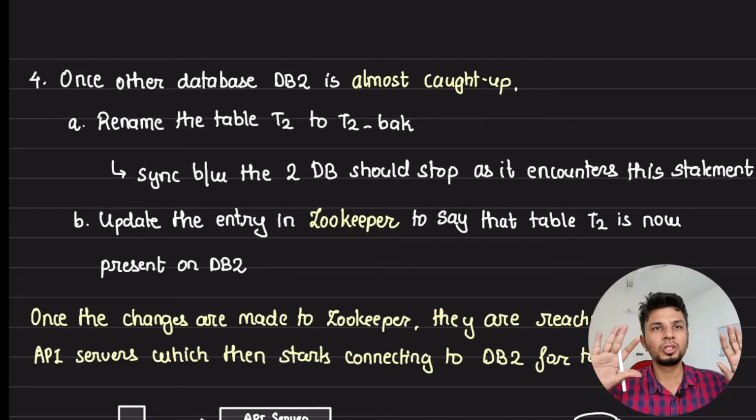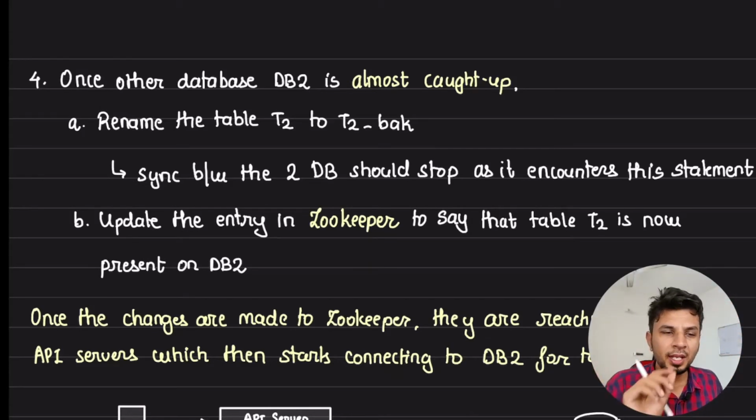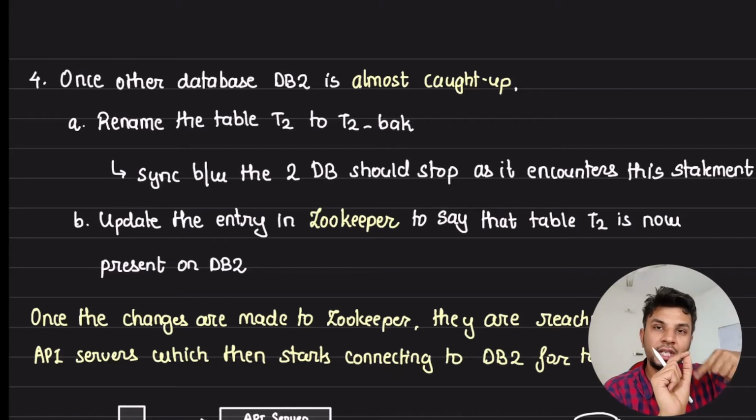Right? So now what you will do is on DB1, you will rename the table. As soon as you rename the table, any incoming queries that come in for that table would give you a table not found error. For example, you had table T2 on DB1 and you changed it to T2_BAK, basically T2 underscore backup.